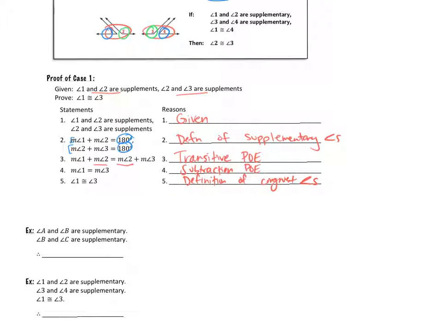We're now going to use the congruent supplements theorem. It's an if-then statement. We know it is true, we just proved it. So if the hypothesis is true, the law of detachment says that the conclusion is true. So angle A and angle B are supplementary. Angle B and angle C are supplementary. So that is case 1 of the theorem.